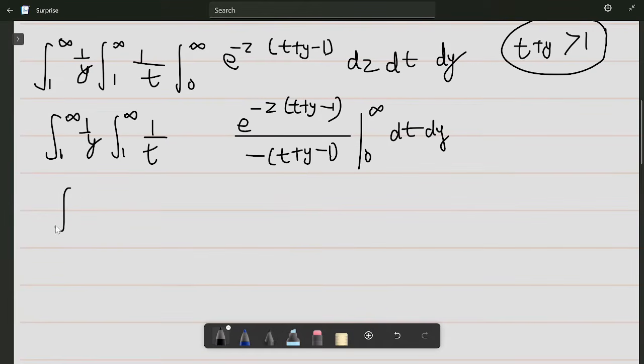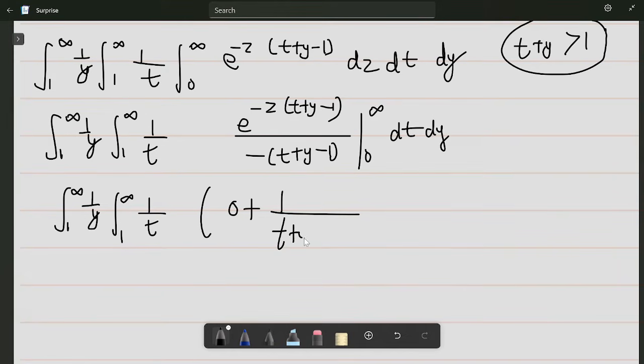Now this is 0, and then minus minus plus 1 by (t plus y minus 1), dt dy.